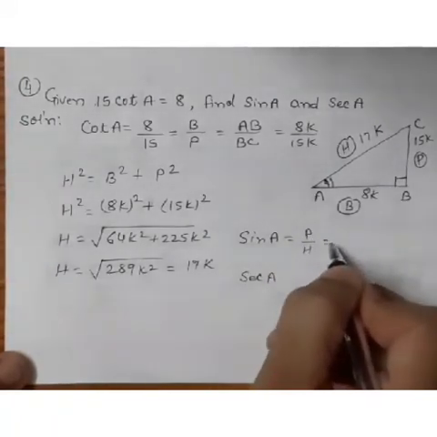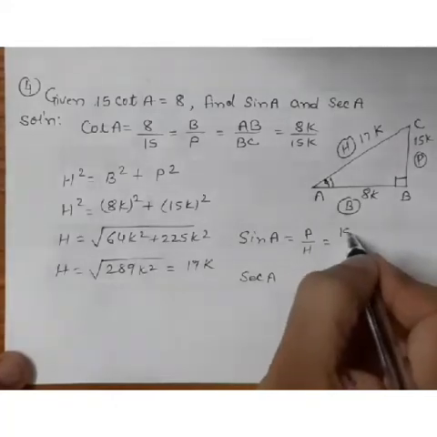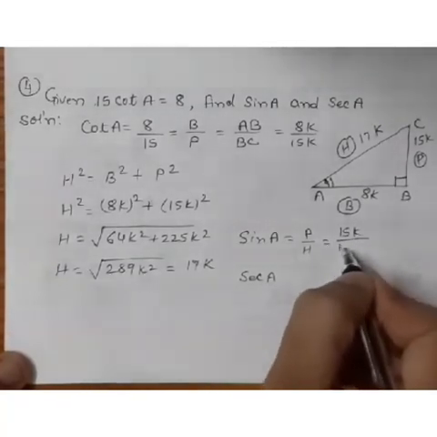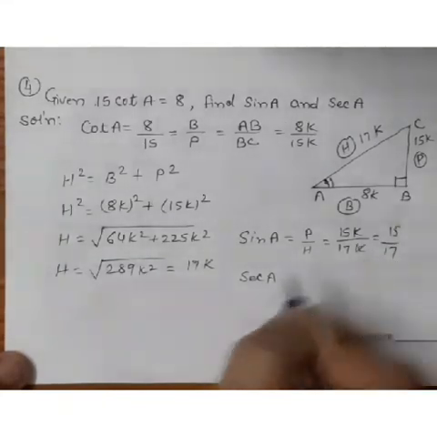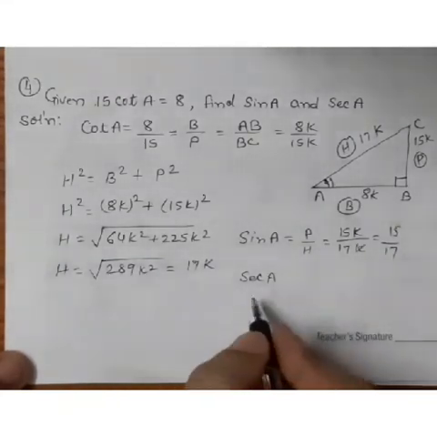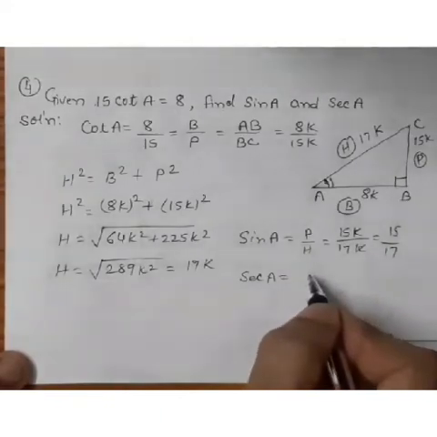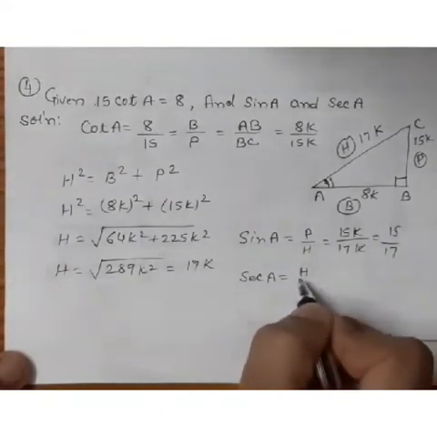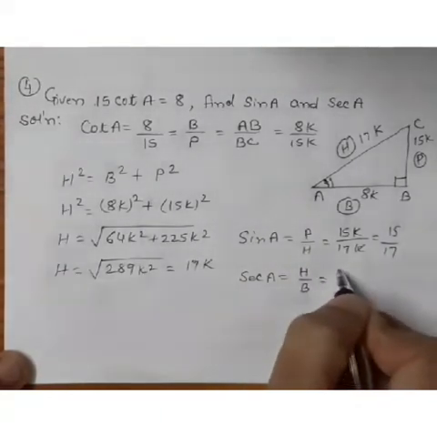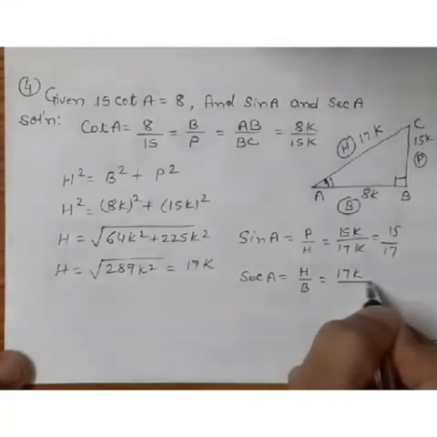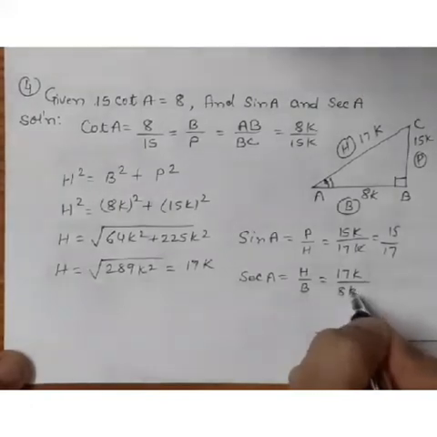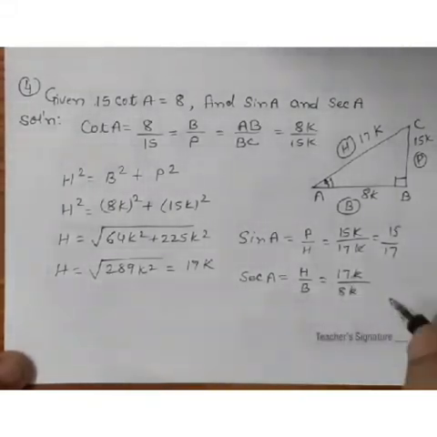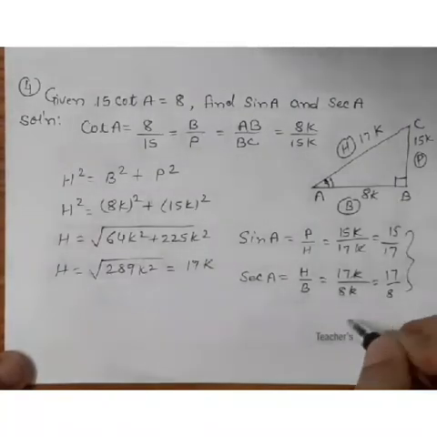P upon H. P is what? 15k upon 17k. This is 15 upon 17. And what is sec A? Sec A means H upon B. H is how much? 17k. And B is what? 8k. K to K cut. This is your 17 upon 8. And this is your answer.